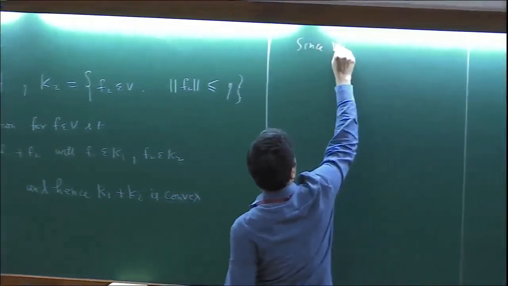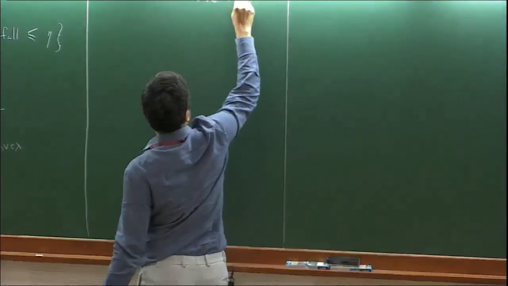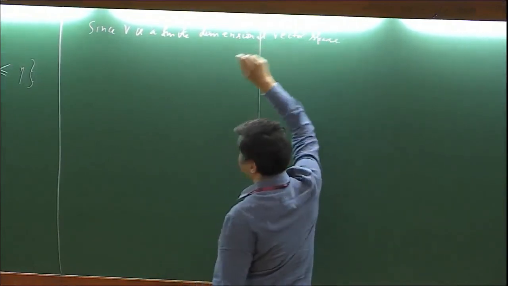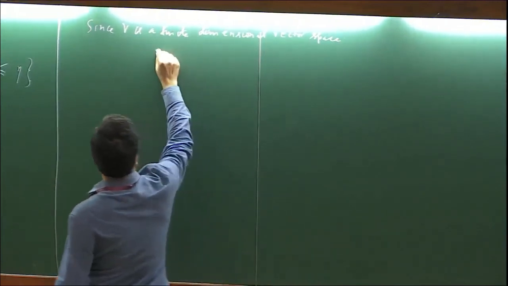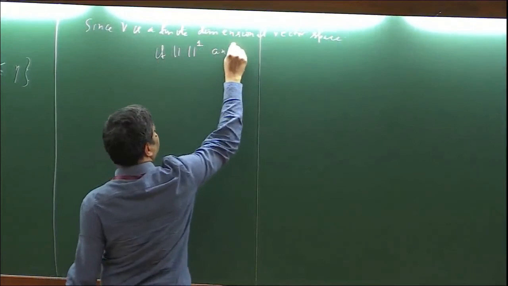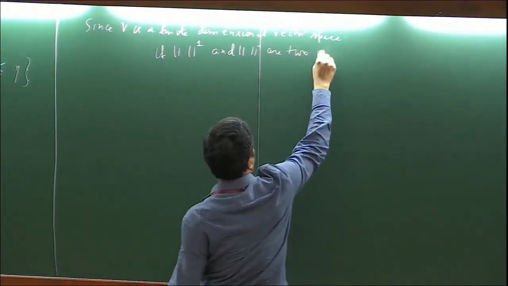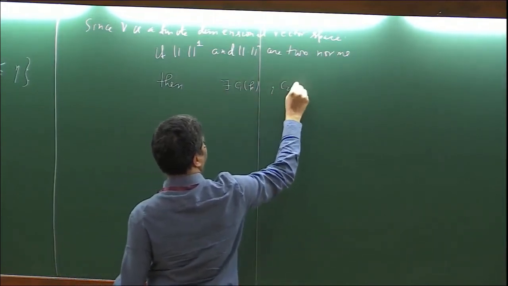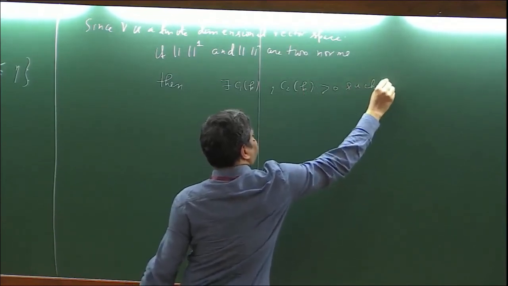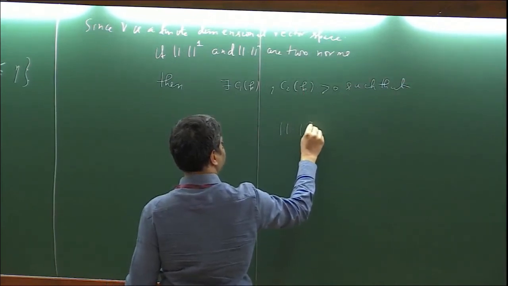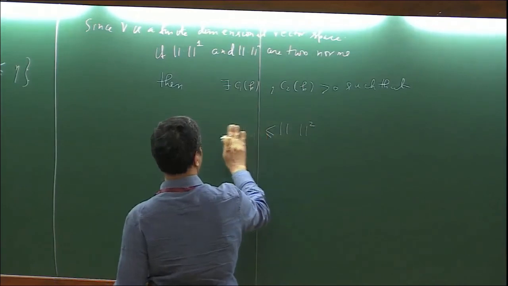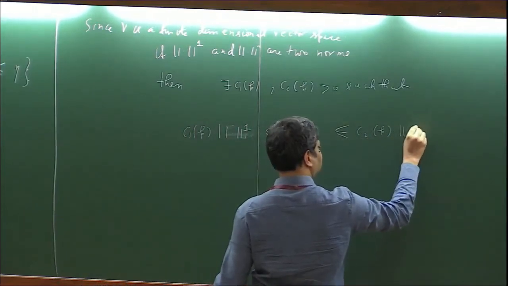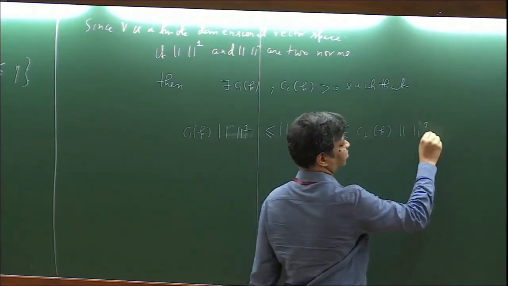Since V is a finite dimensional vector space, if these are two norms, then there exist C1, C2 greater than 0 such that the norms bound each other.